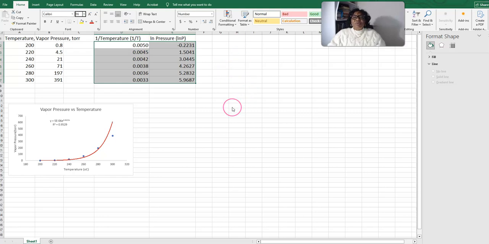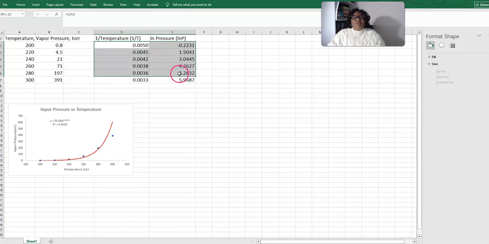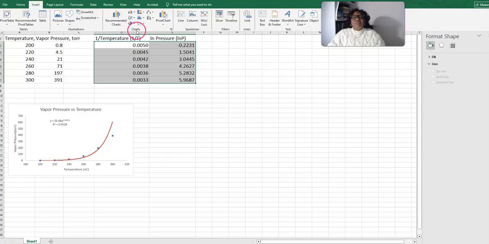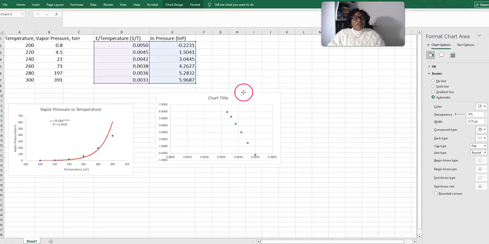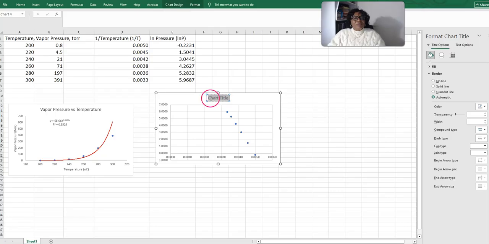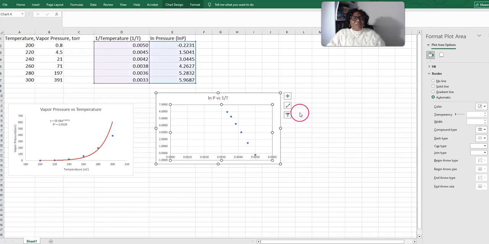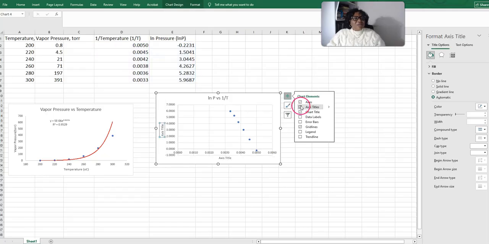So now we want to plot a graph of ln P versus 1 over T, because that is what will give us a straight line graph. So highlight it, go back to insert, click charts, and click this. So you have it here. Label your graph: ln P versus 1 over T. Now label the axis, click the plus sign, put axis title.